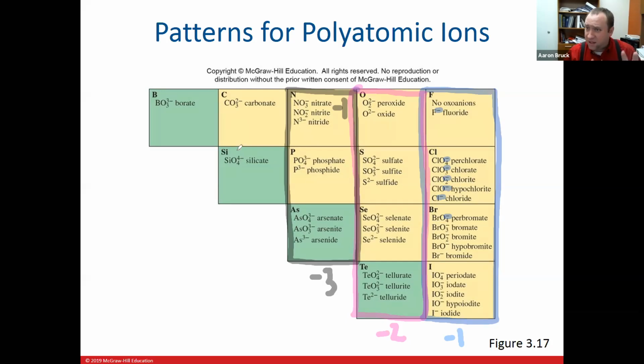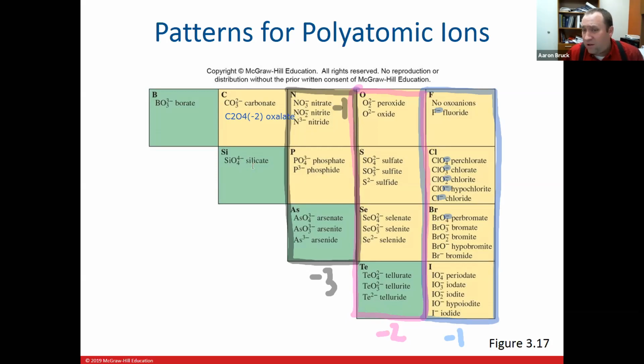Now from there, it does get a little bit more complicated. Carbonate, and actually we can throw oxalate in here as well, C2O4 -2. Your carbon-containing polyatomic ions have a -2 charge as well.